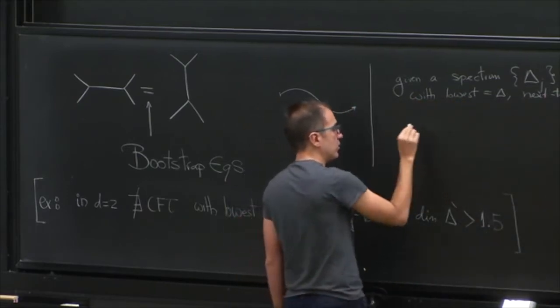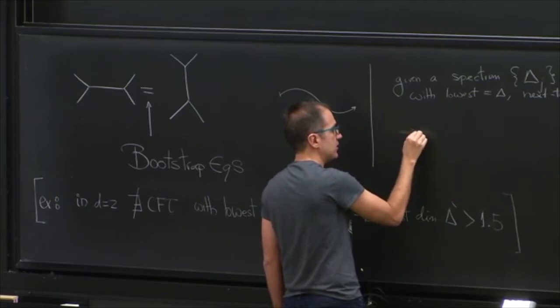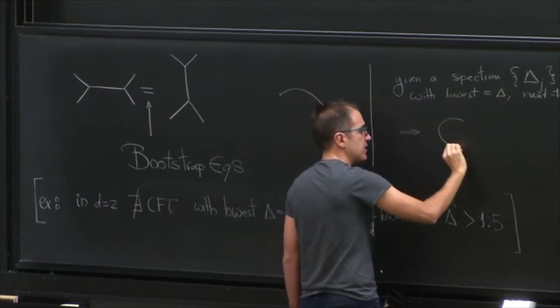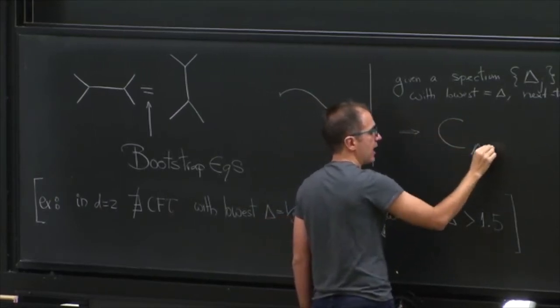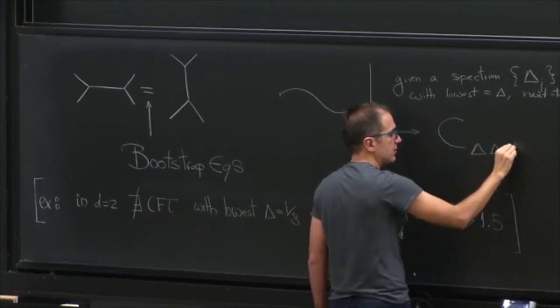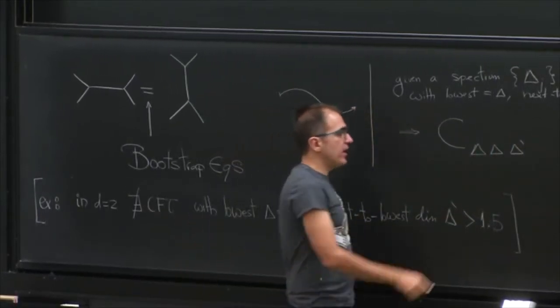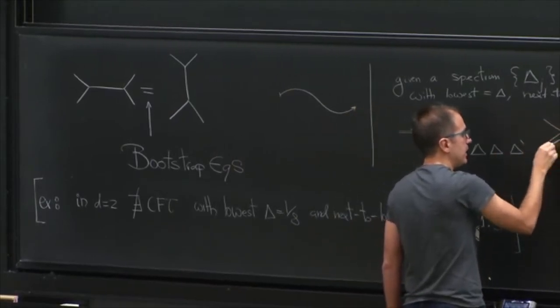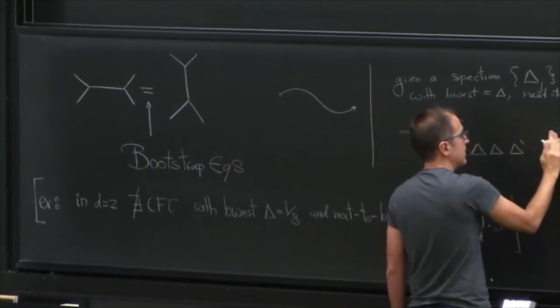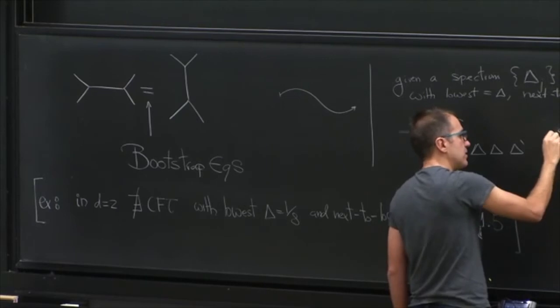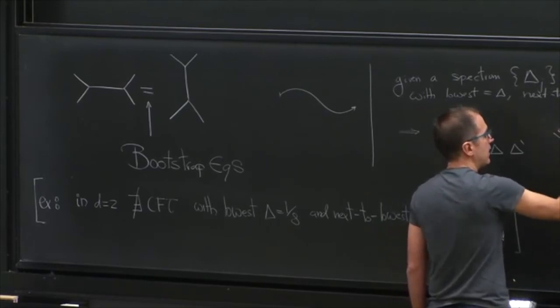Then, using the bootstrap equations, we could show that, for example, the structure constant between the two lightest operators and the next to lightest is bounded and needs to be smaller or equal than some number.